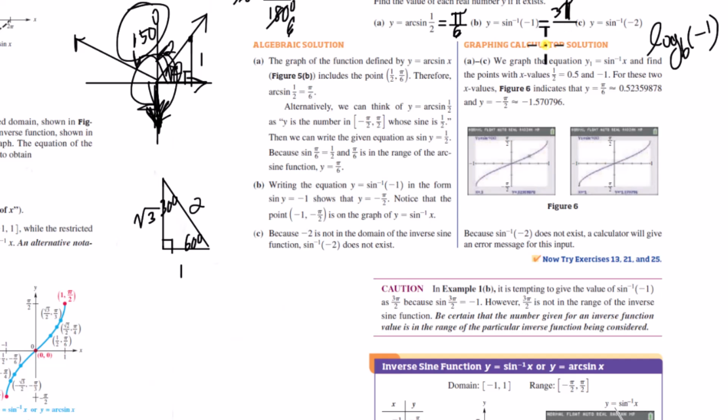Now, it is, however, true, when you think about the question that the inverse sine is asking, that 3 pi over 2 is an answer to that question. But as far as the literal inverse sine function, how it's programmed into calculators and computers, the range is minus pi over 2 to pi over 2. That's it. Once you have the value that the inverse sine gives you, then you can think about what other angles would satisfy the criteria that if I took the sine of this angle, I would get -1.